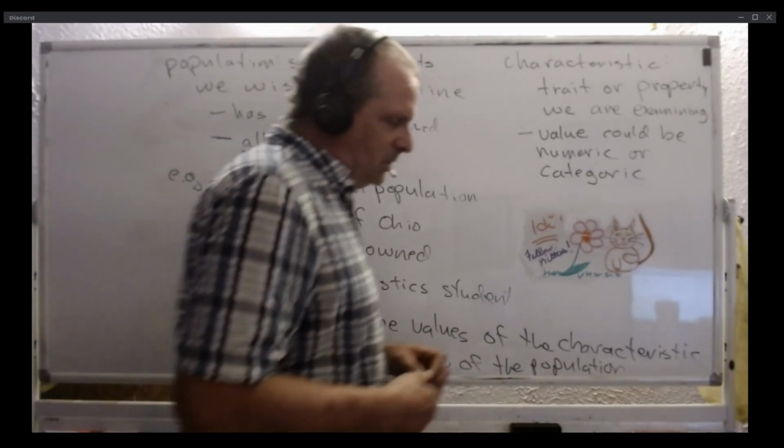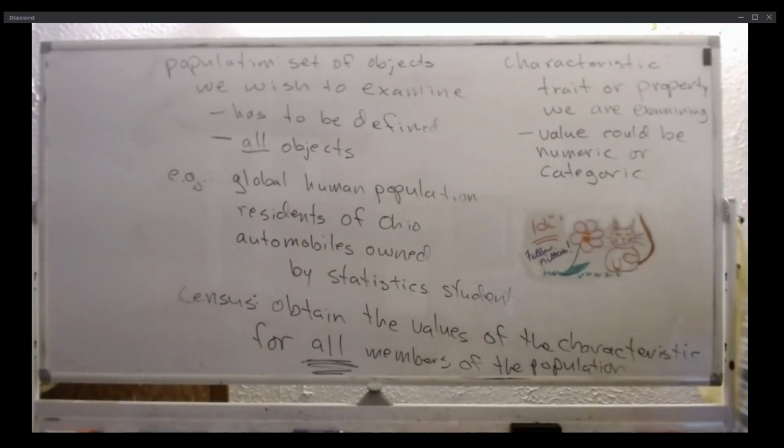Let's look at the vote last year. Biden won the presidential election, right? Was that a census? No, because not everybody in the population voted. Okay. I would argue that it was, and my argument would be valid before anyone tries to correct me.